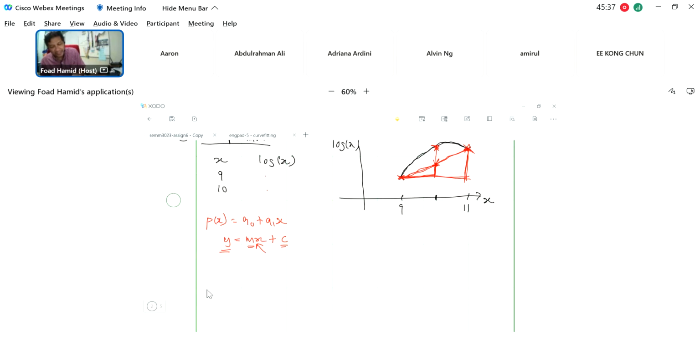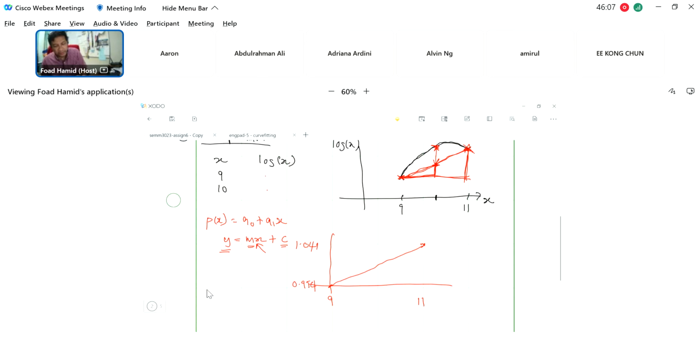Note that if we shifted our axis, let's say this is our 9, this is our 11. What value is log 9? 0.954 something, and log 11 is 1.041, and this is the straight line. So can we find the slope?